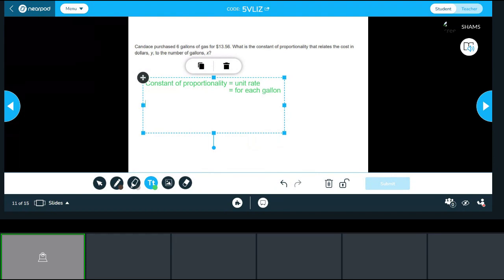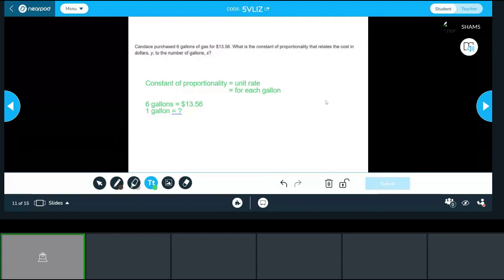So what do I know? I know that 6 gallons cost $13.56. If I want to find constant of proportionality, I will find the cost of 1 gallon. Right? Simply divide. If you divide 13.56 by 6, it will give you the answer.